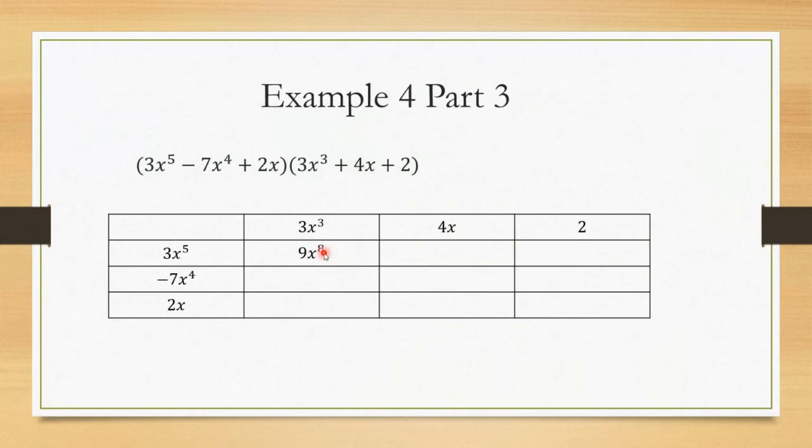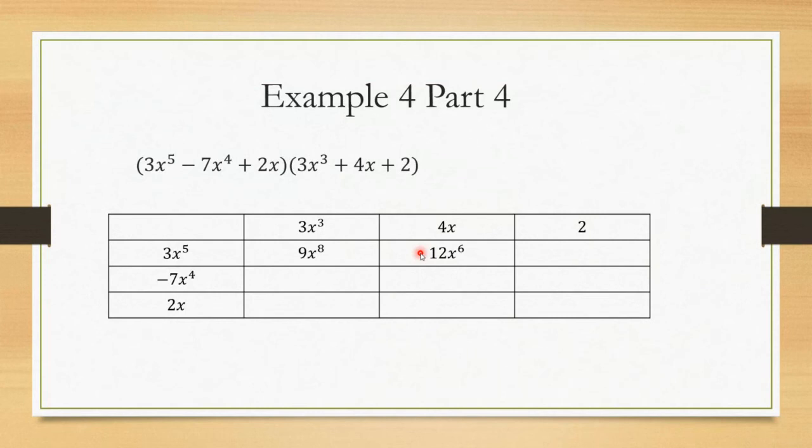Okay? 3x to the 5th times 4x, right? 3 times 4 is 12. X to the 5th times x is x to the 6th. See, again, we're just multiplying the coefficients together, and then we're adding the exponents. That's what we're doing.